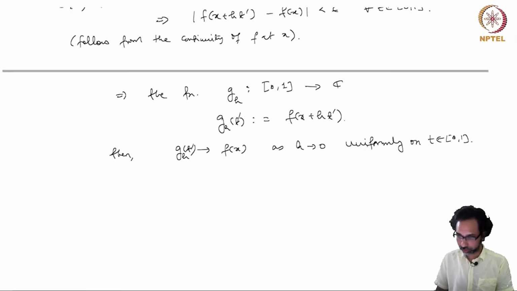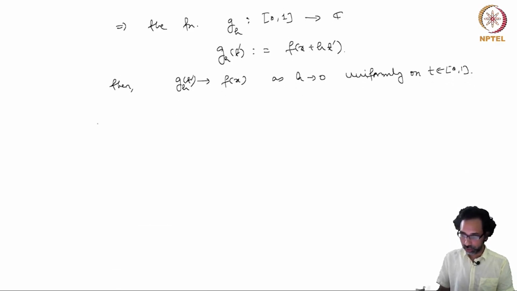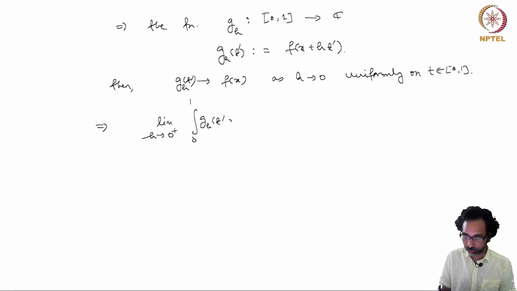Because if you go back to this, then this delta that is chosen does not depend on t and only depends on x. So this convergence is uniform over t in [0, 1], and so this implies that the limit as h tends to 0+ of the integral from 0 to 1 of g_h(t') dt' is equal to the integral from 0 to 1 of the limit as h tends to 0+, passing the limit inside the integral now, because it is a uniform convergence.